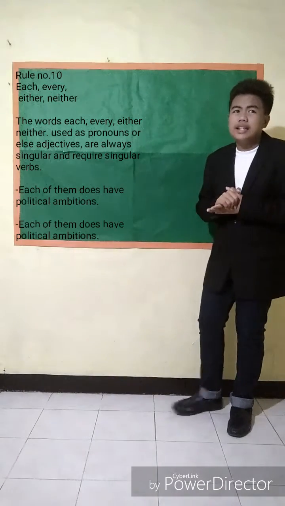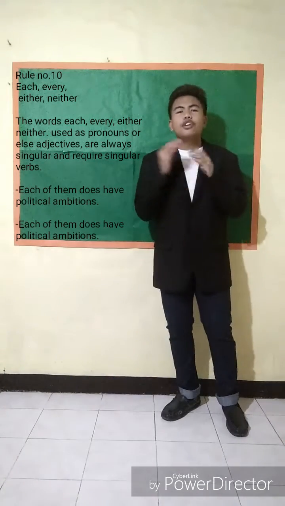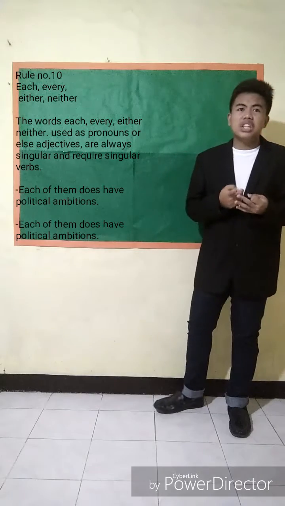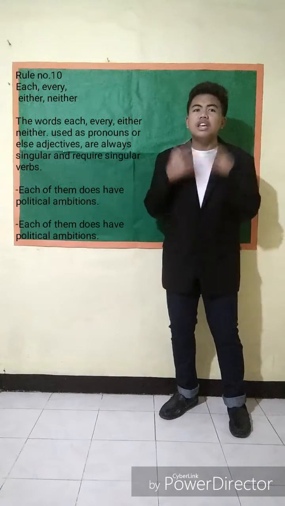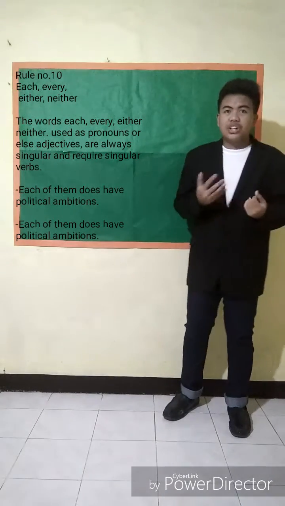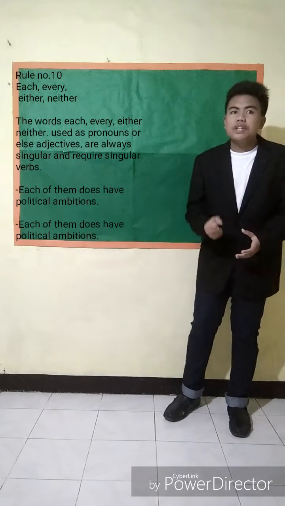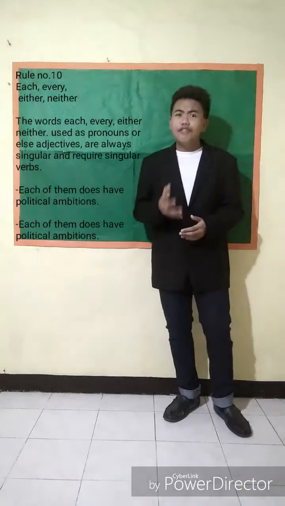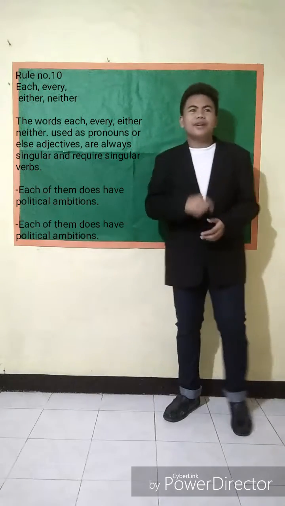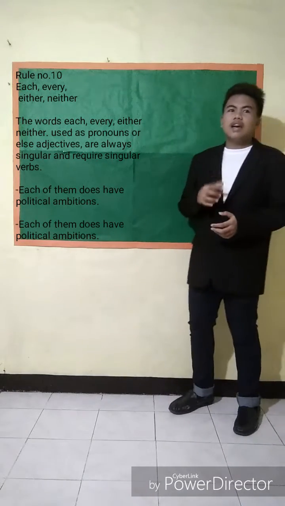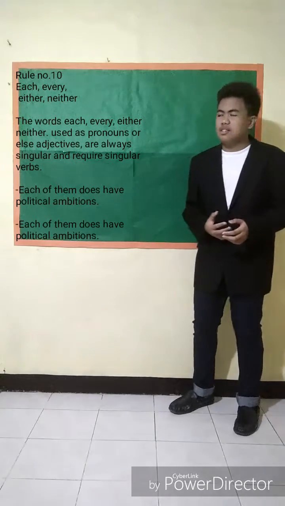Rule number 10: the rule for using each, every, either, neither. The words each, every, either, neither, used as pronouns or adjectives, are always singular and require singular verbs. For example: each of them has political ambitions.